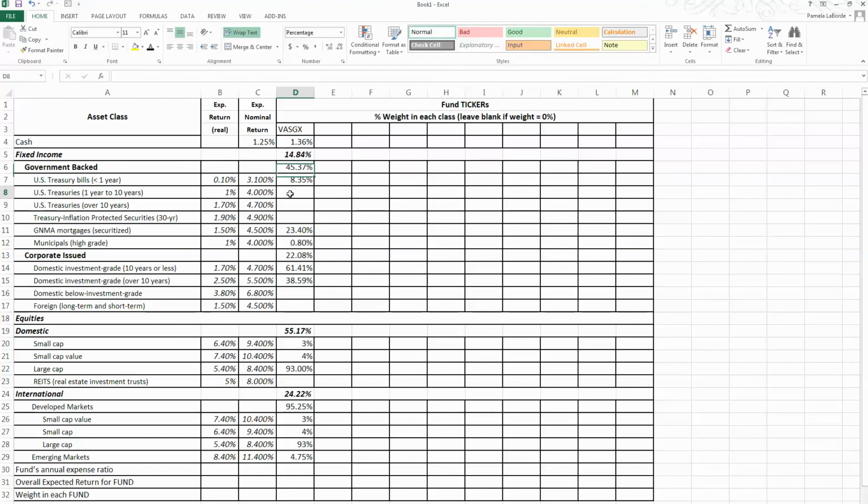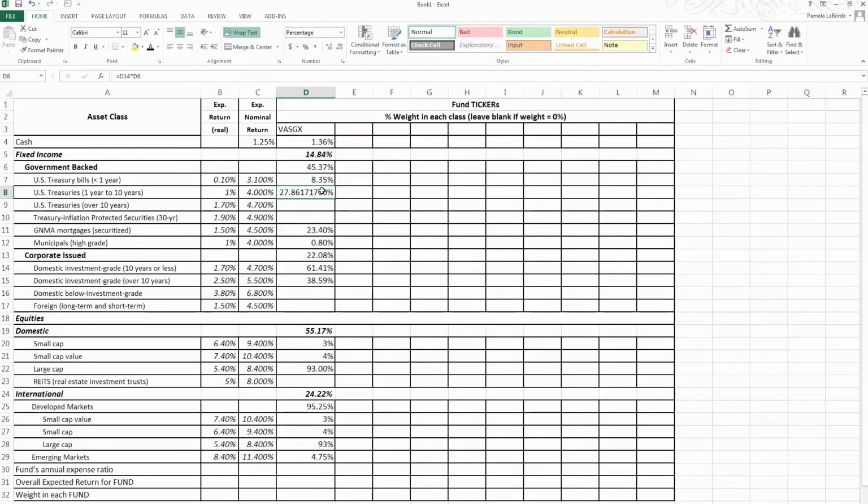And so I'm just going to take 0.6141 times 0.4537 to get a percentage for 1 to 10 year government bonds, and then I'm going to take the 0.3859 times the 0.4537 to get a number for the over 10-year U.S. Treasuries.